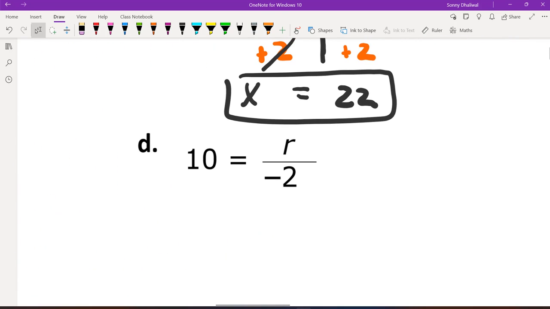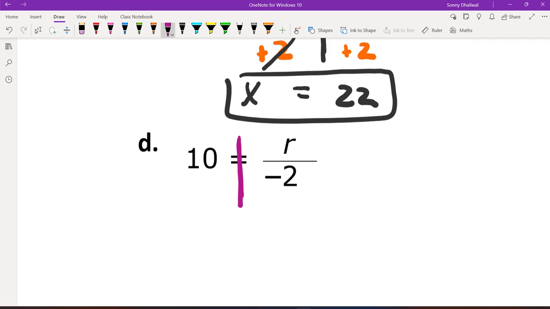All right. So, Henry, we're going to split this question at the equal sign. All right, so we're going to focus on the side with the letter. We got that 2 sitting there. What math operation is that 2 doing to the r? Is it adding, subtracting, multiplying, or dividing? Dividing. What's the opposite of dividing? Yeah, multiplying.